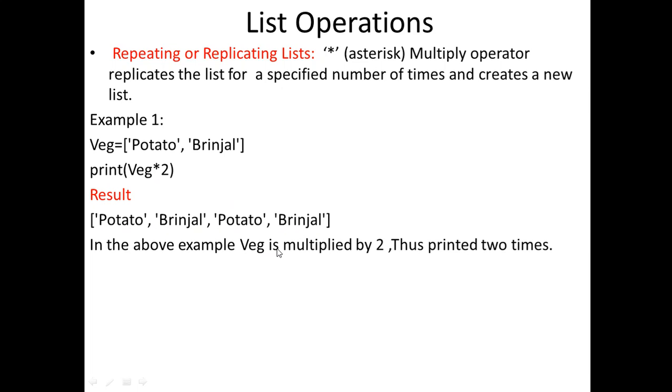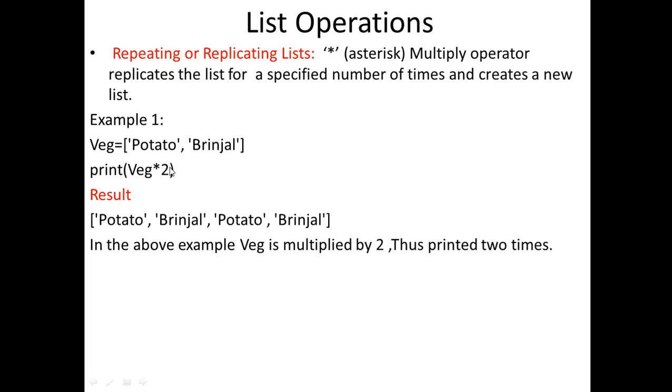So in the above example, veg is multiplied by 2, thus printed 2 times. 2 times potato brinjal, potato brinjal. But at the same time, it also returns the list only. So square brackets must be put when you are writing the output of the list. One thing you have to note down: when you use the replication operator, that is the multiply operator, to repeat or replicate the list, the second argument must be an integer.